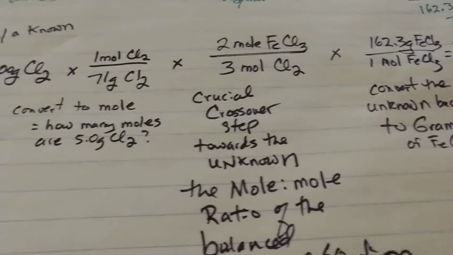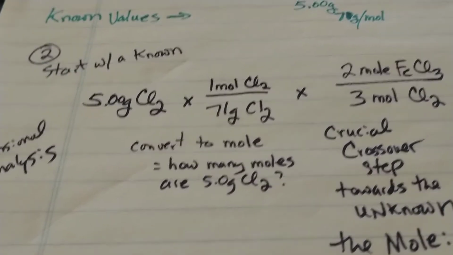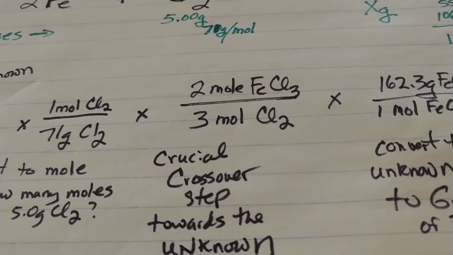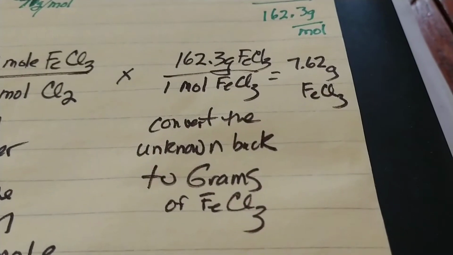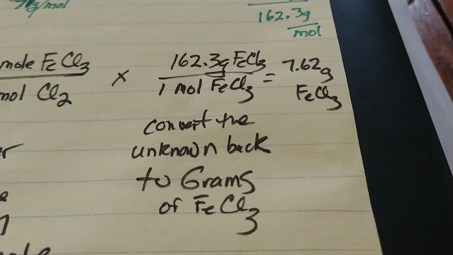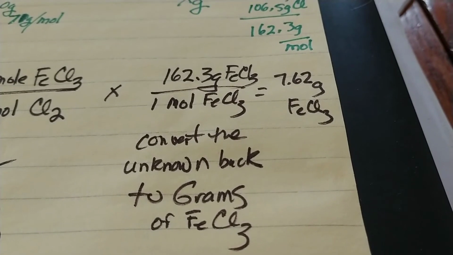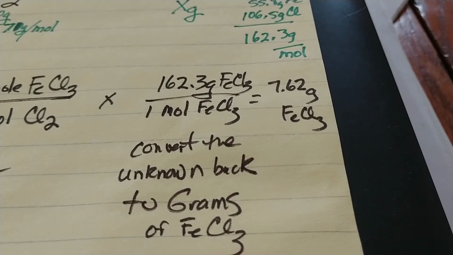I am starting with mass on the front end of the equation, going through the mole and the mole-to-mole ratio, and I am going to get to the mass. This is what is called a mass-to-mass problem, taking the mass of the known and solving for the mass of the unknown.